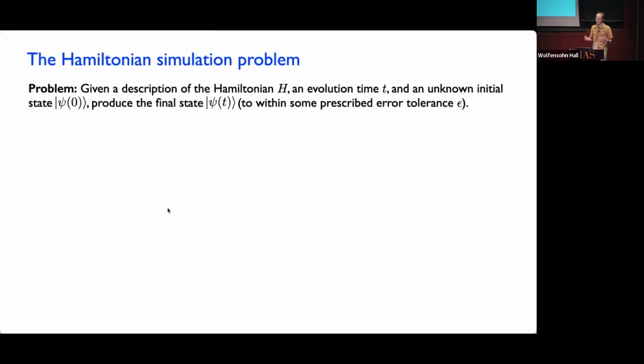In this problem, we're going to be given some description of the Hamiltonian. There are different ways that the Hamiltonian could be described, and I'll say a little bit more about that in a minute. But you'll be given some kind of description of what the Hamiltonian of your quantum system is. You're going to be given some evolution time, some amount of time you would like to evolve for. You're going to be given a quantum state that's the initial state for the dynamics. In this problem, the way I'm describing it, that will be provided as a quantum mechanical object, right?